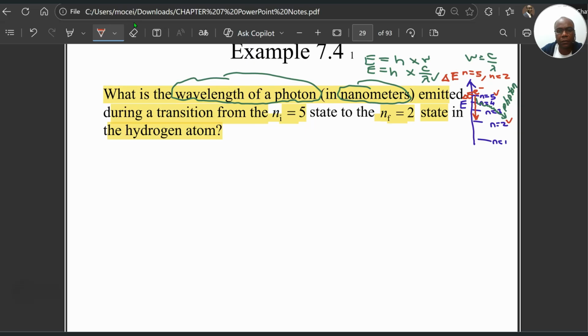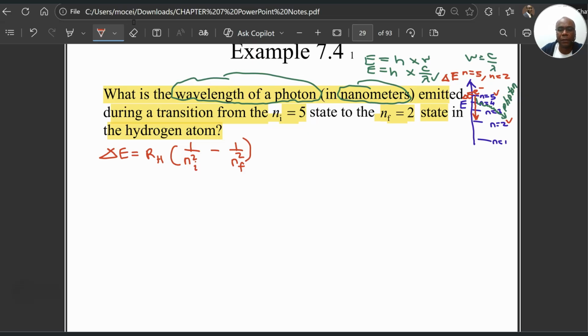I know that delta E equals the Rydberg constant times the difference of the inverse of n squared initial state minus the inverse of n squared final energy level.